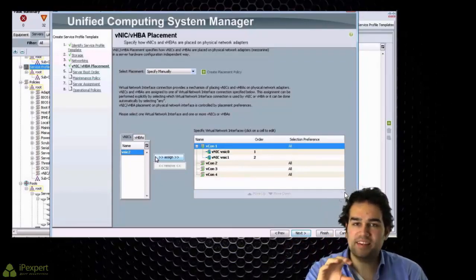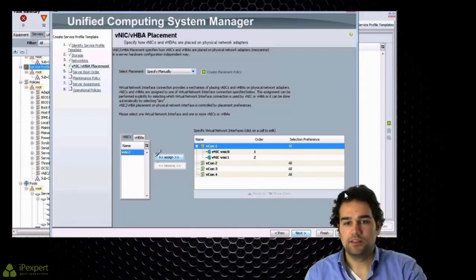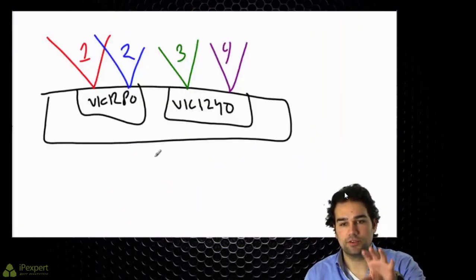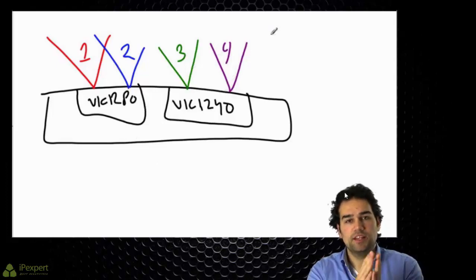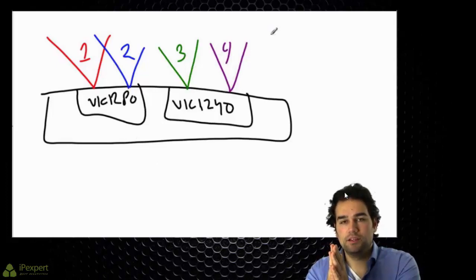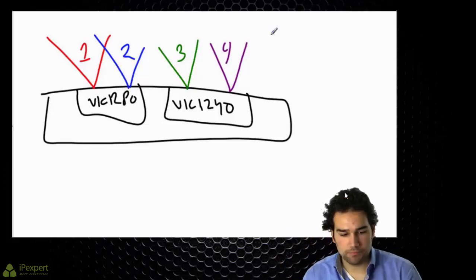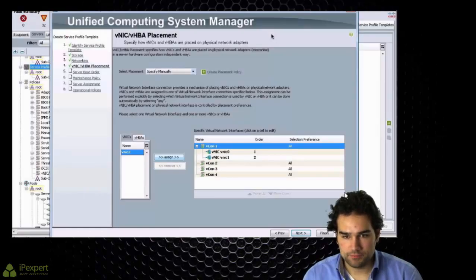But the lab might ask you to configure this placement by thinking that you have this VIC1240, VIC1280 in your server. They can ask you to think about this and let you configure this. So then I say, all right, because that DMZ VLAN needs separate bandwidth, I need to place it into a different VCon group. So let's do that.